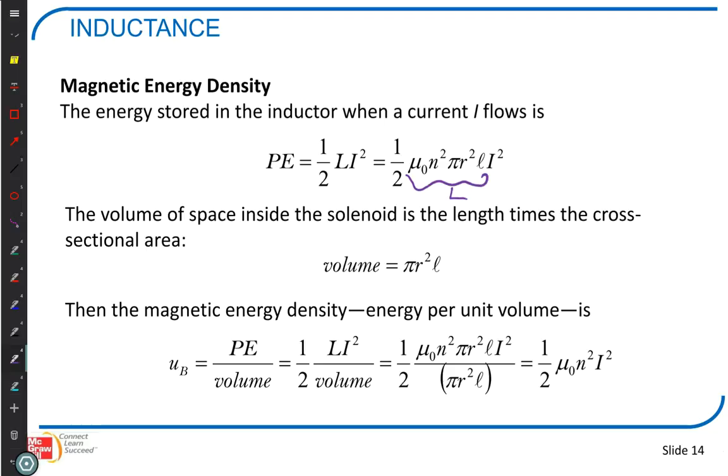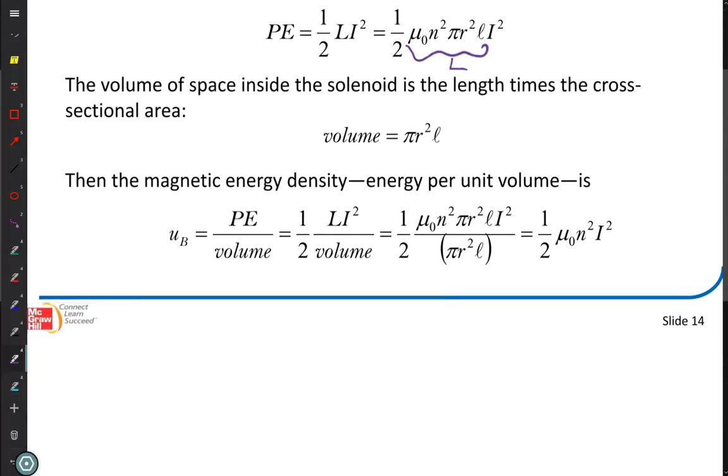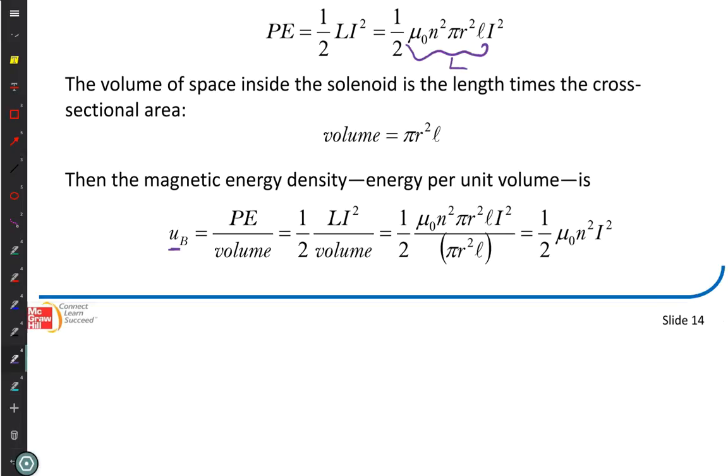So let's calculate how much energy per unit volume, because when we get to electromagnetic waves and we have electric and magnetic fields out in space, we're going to care about the energy per volume. So we just take this potential energy and divide it by the volume. Notice it's a lowercase u to say that it's the potential energy per volume.